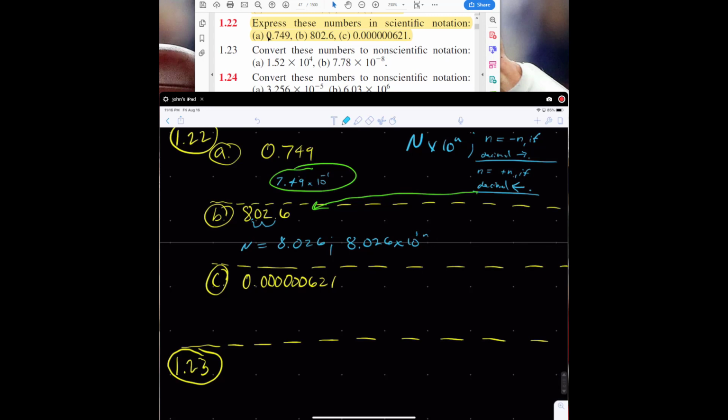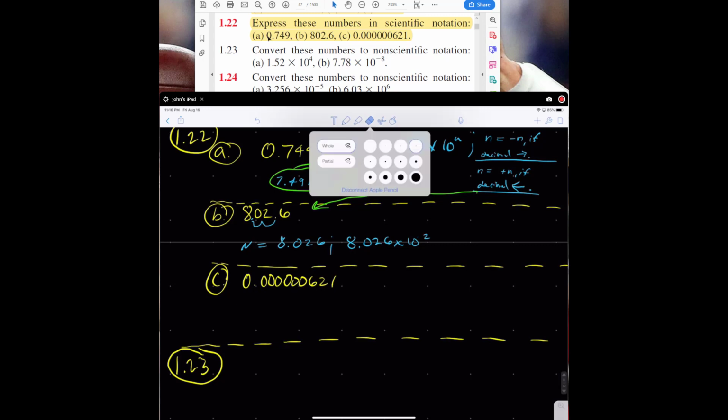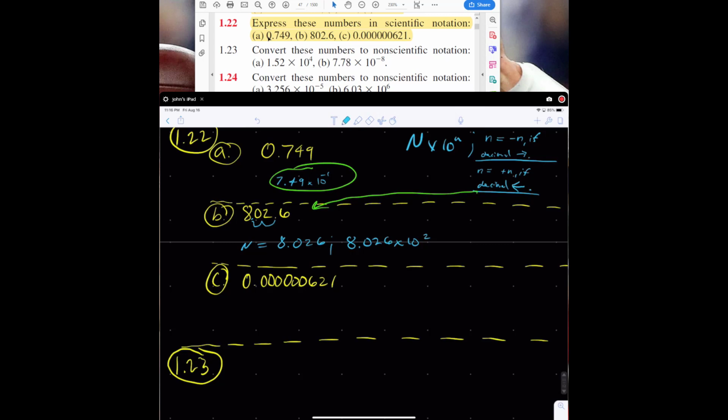Since we moved to the left 1, 2, it's going to be positive 2. But again, we don't write this positive, we just denote it like this.